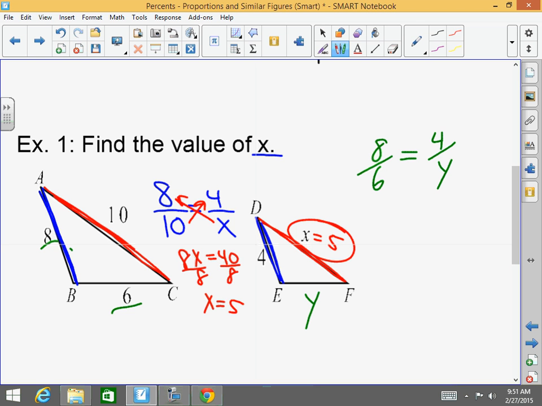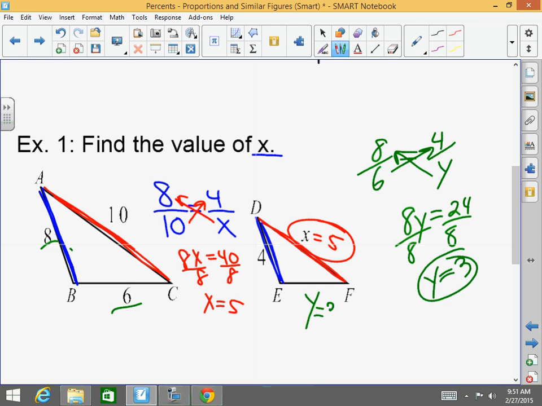Very good. Cross multiply. 8y equals 6 times 4, not 6, sorry, 8y equals 24, divided by 8. y equals 3. Does that make sense?